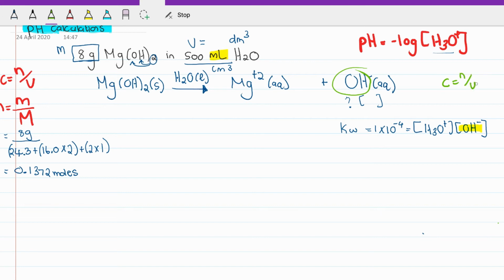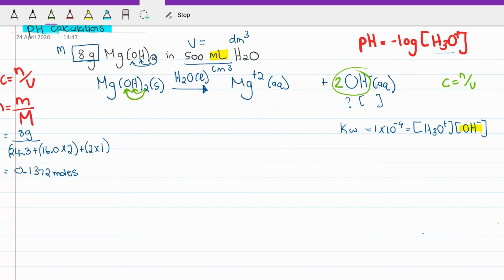If we look at my magnesium atoms, I have 1 on this side of the equation and I have 1 on this side of the equation. So my magnesiums are balanced. If you look at the amount of oxygens, remember that this 2 gets multiplied in. So you can see that I've got 2 oxygens and 2 hydrogens on this side, but on this side here, I only have 1 of each. So I'm going to put a 2 over there to ensure that my reaction equation is balanced.